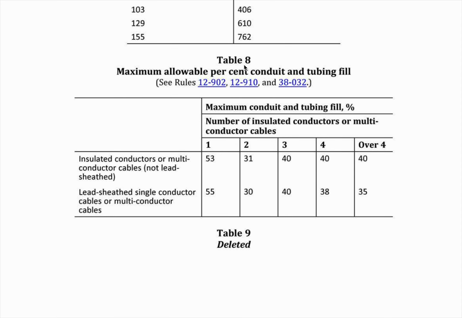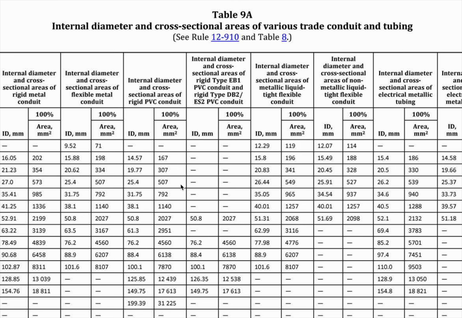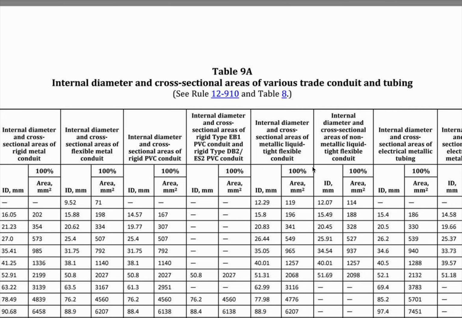Here we have table 8. Let me say that for one wire it is 53%, for two wires 31%, and for 3 or more we need 40% of the conduit. Table 9 is 100% first.